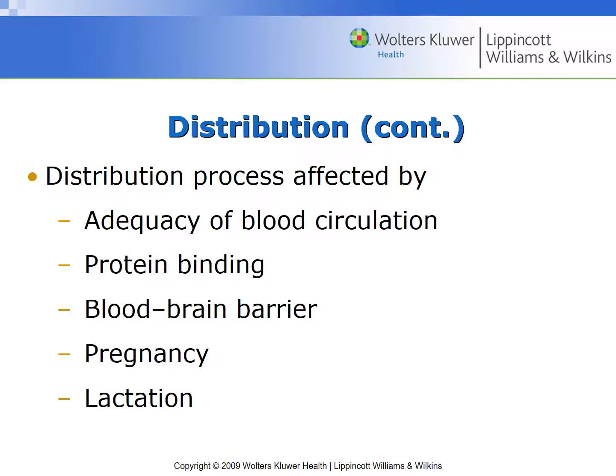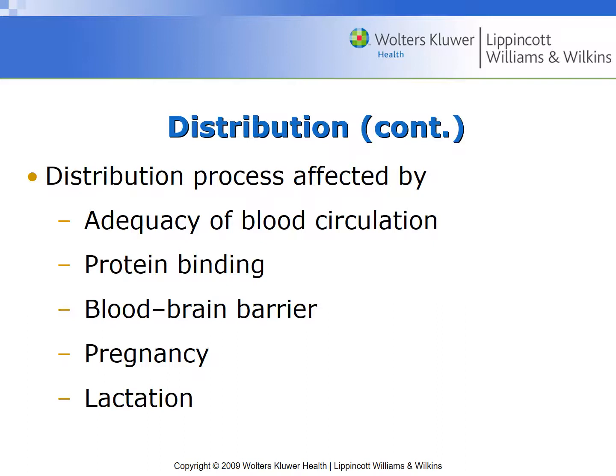If the drug is out there in a free state, an active state, then the goal is to get that drug to the targeted site as quickly as possible. So again, adequacy of blood circulation is going to be very, very important here.